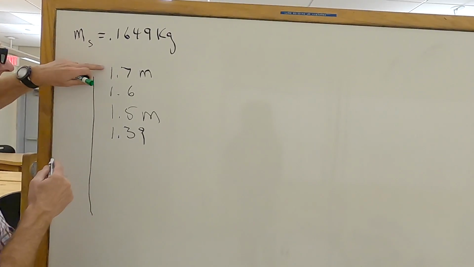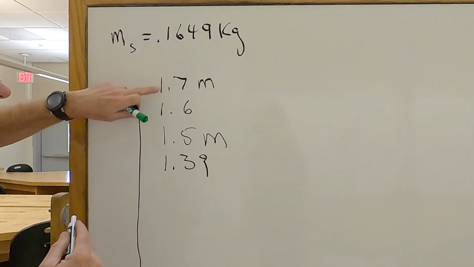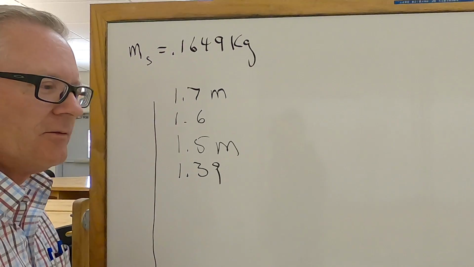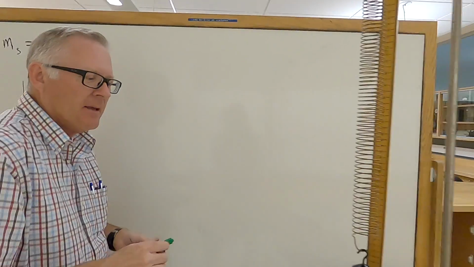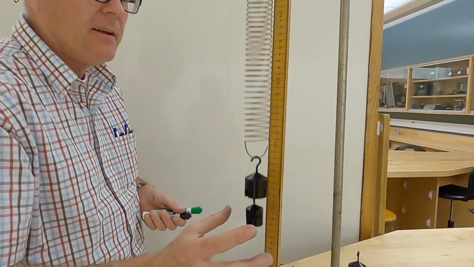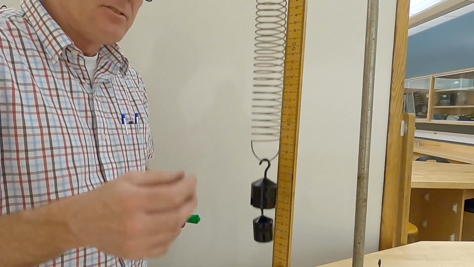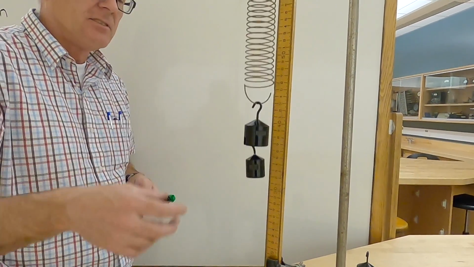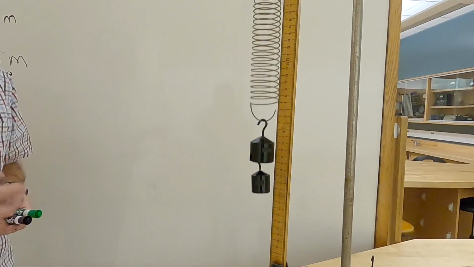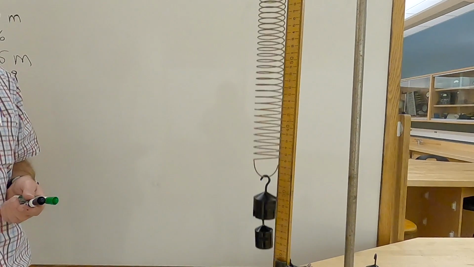So our next S is this minus that. It's how much you've stretched. Now we can go ahead and measure the period of oscillation here. So again, measure the period of 10 oscillations. I'll let that go for a little bit. We'll measure the period for 10 oscillations.